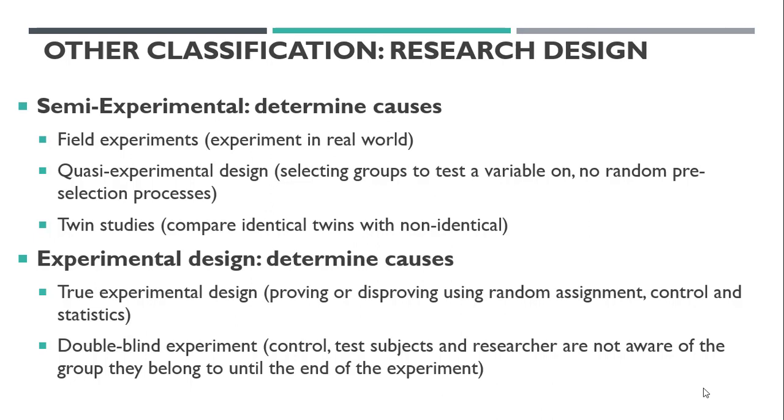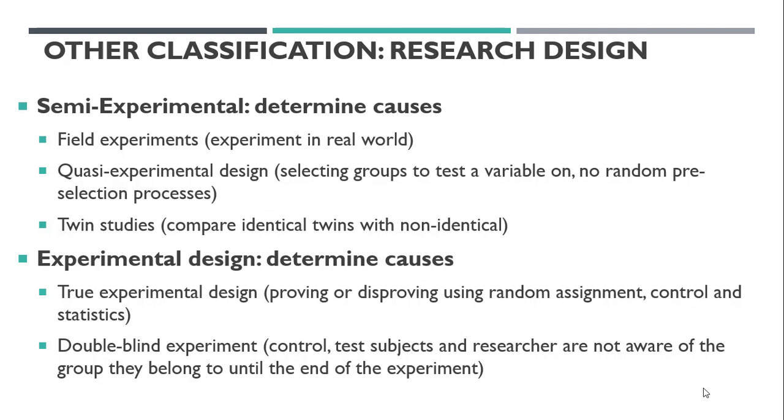Then we have another design within this semi-experimental design. So semi-experimental design is a broader group, and quasi-experimental design is within this semi-experimental design. If you have a quasi-experimental design, you can select a group to test a variable on. So no random pre-selection before the process. So you just select the group and you go out, you test a particular variable on them.